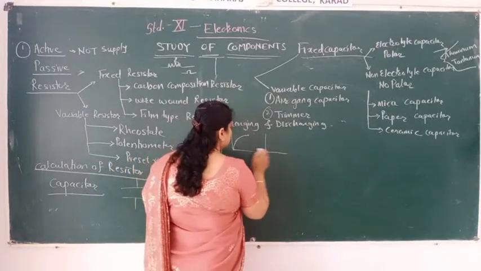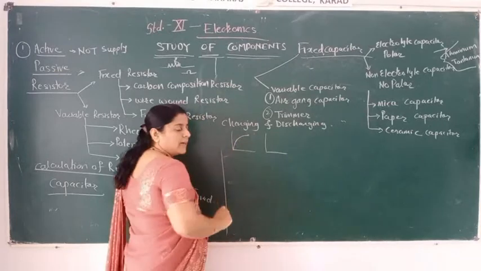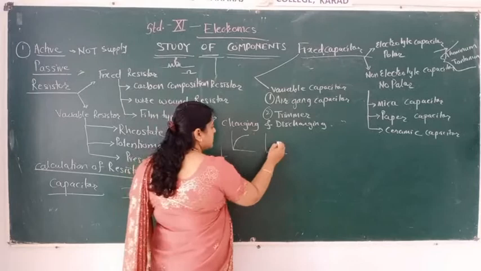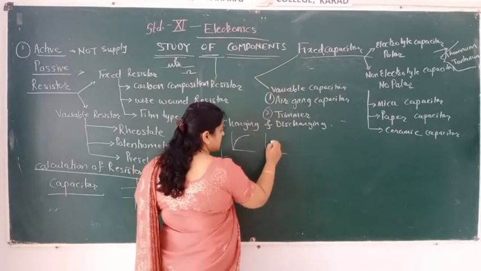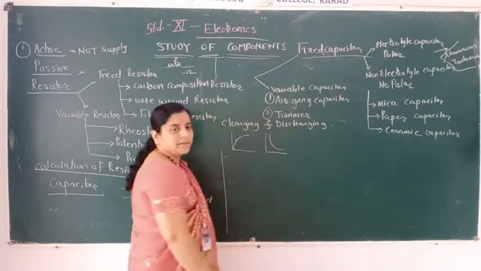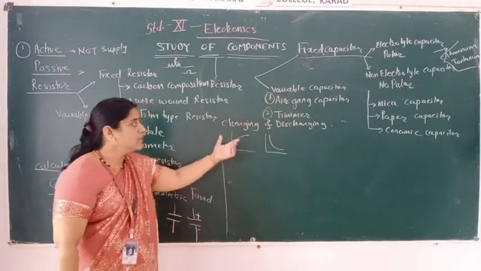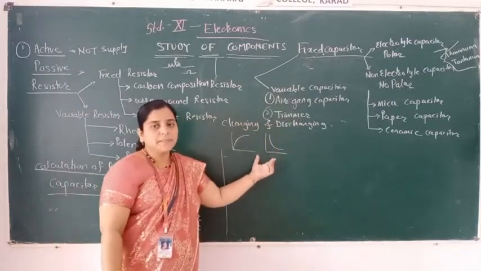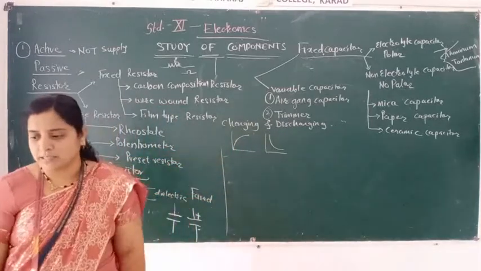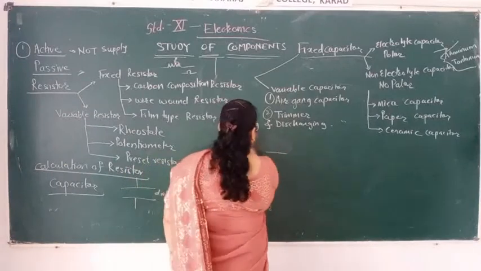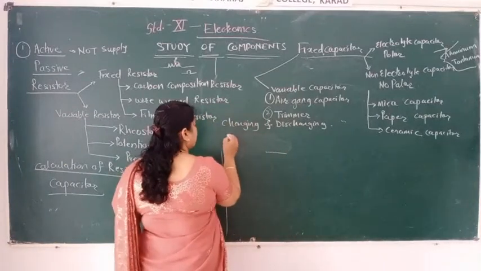Charging means as the time increases, the capacitance increases. In discharging, as the time increases, the capacitance decreases. With the graph, we have taken the charging and discharging of the capacitor. Next point is our inductor.